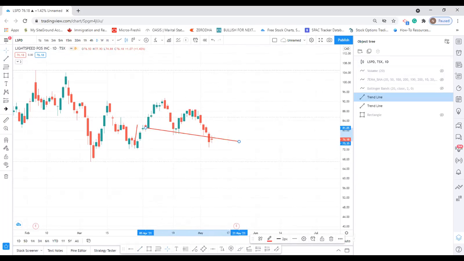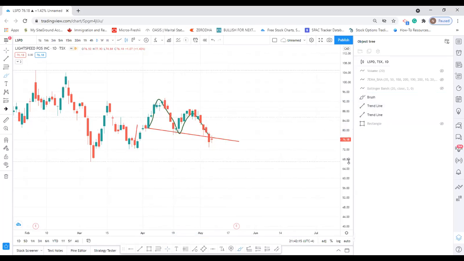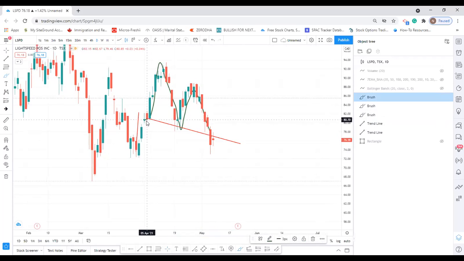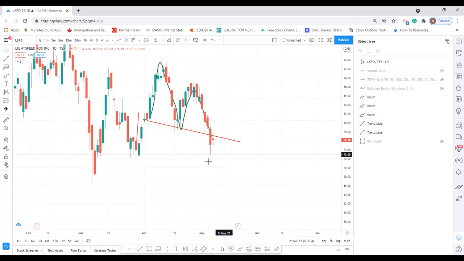Why? If you see here, this is the M pattern. This is called a double top. This is called a neckline, and the neckline is broken already. It retested the neckline, and it might start moving downwards.